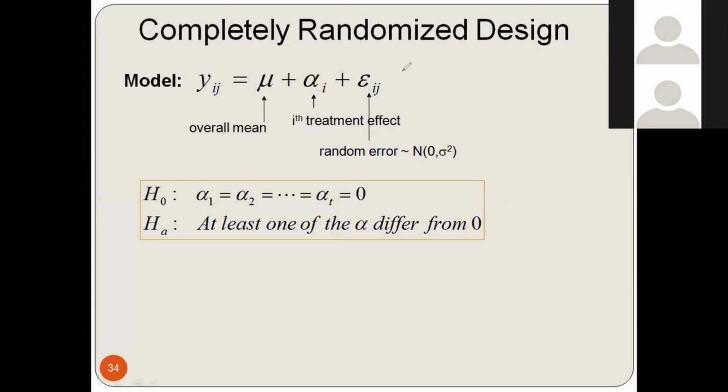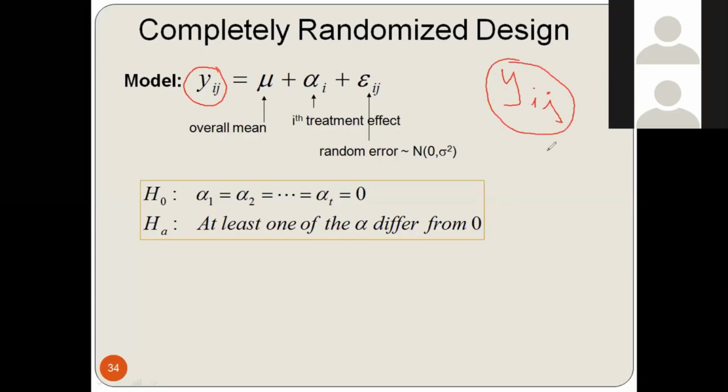You'll have to consider this: each observed value. Usually we give it with a notation, and I will come to that notation a little later. Yij, for example. Yij is the observed value.